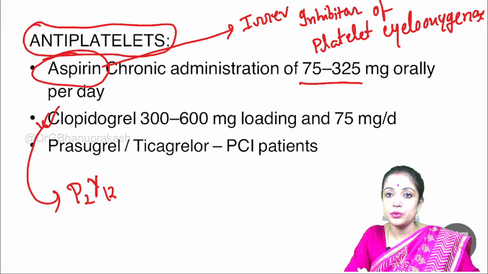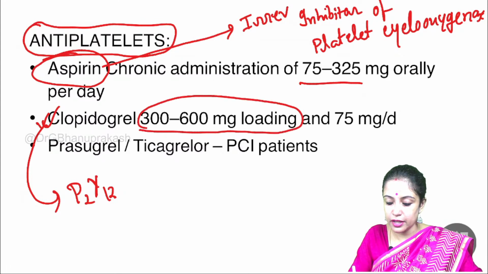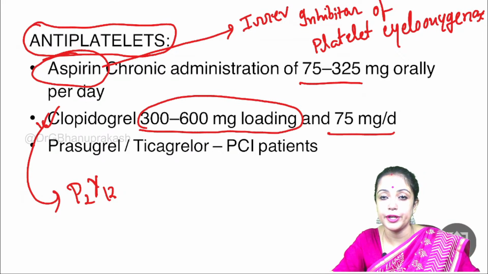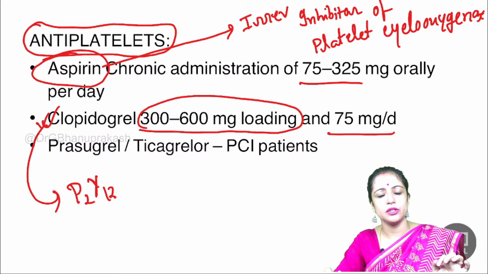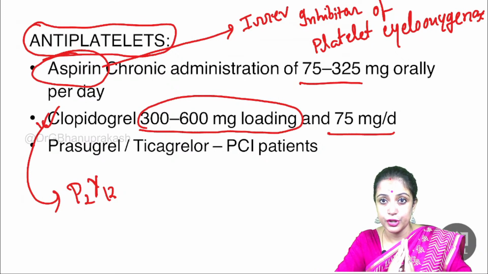Clopidogrel should be used as a loading dose of 300 to 600 milligram, and then it can be followed by a maintenance dose. The combination of aspirin and clopidogrel, that is dual antiplatelet therapy, is to be used for 1 year after the patient has undergone coronary stenting.